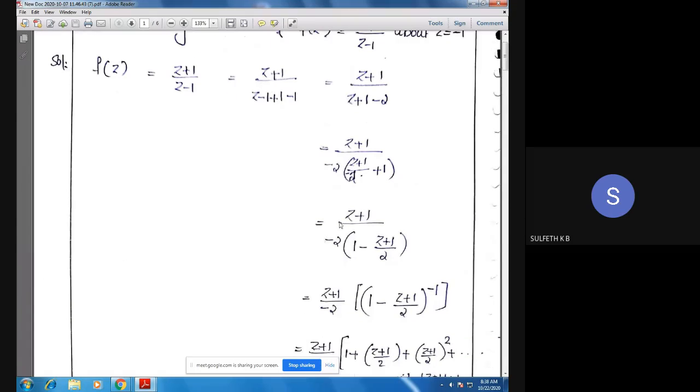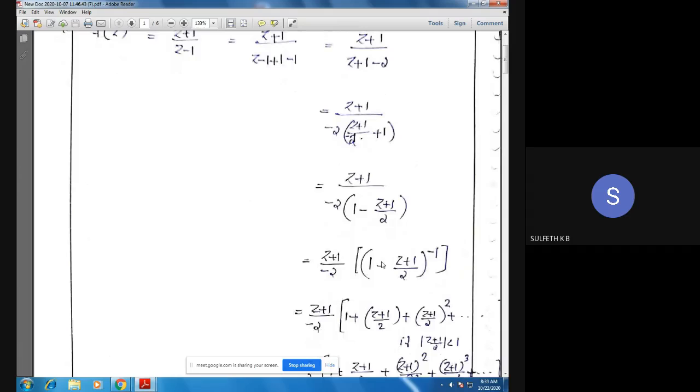Which is equal to z plus 1 divided by minus 2 into 1 minus z plus 1 divided by 2. We can write this denominator in terms of the numerator as 1 minus z plus 1 divided by 2, the whole raised to minus 1.